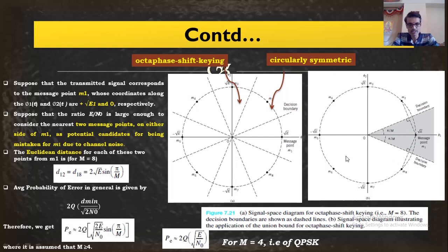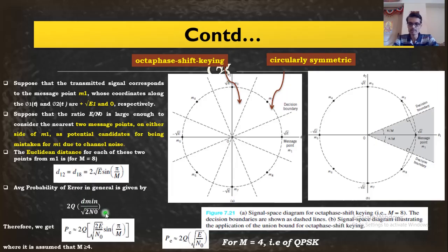And the average probability of error is given in general, whatever the value of m is, because as the value of m changes, the minimum distance also changes. So for an M-ary system with m more than 4, it is 2Q multiplied by d minimum divided by root of 2N0.